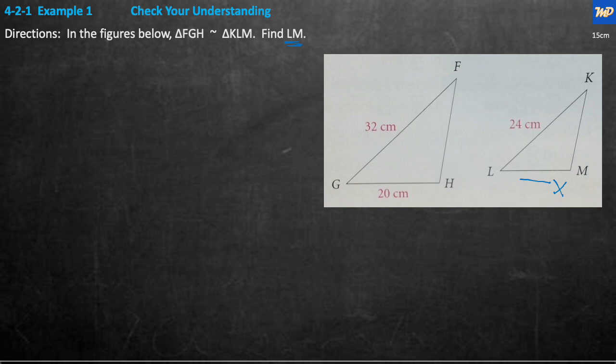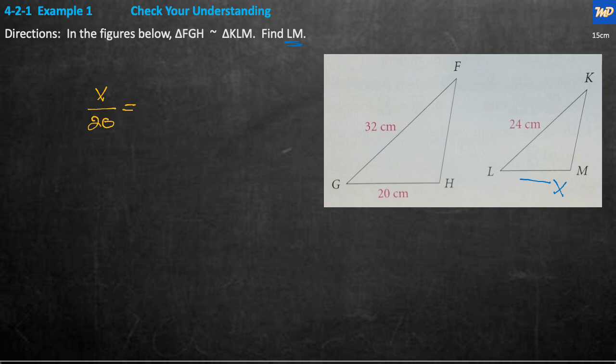So I'm going to say here that x, let me change that color to something a little better. So first let me erase that and change it to a brighter color. So I'm going to say x is to, well, the corresponding lines here are GH and LM, they're corresponding, is to 20 as, as we said before, equals is always as, okay?